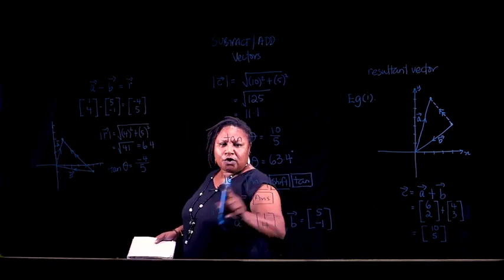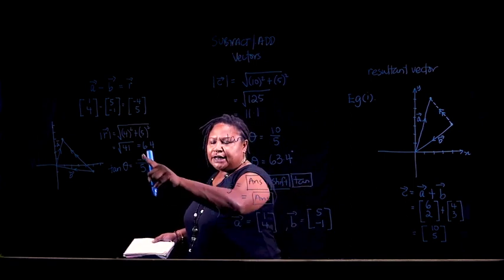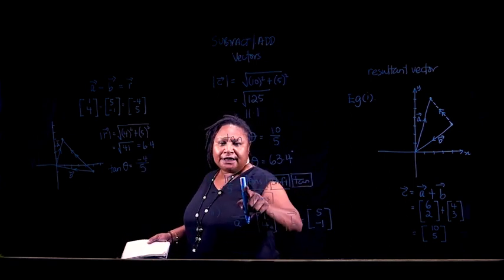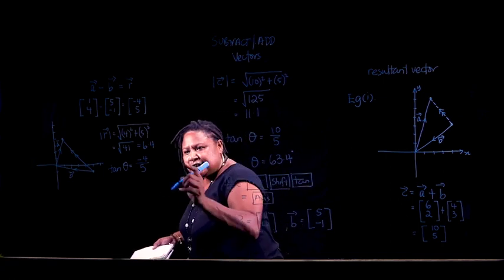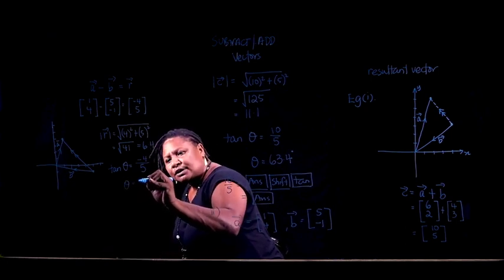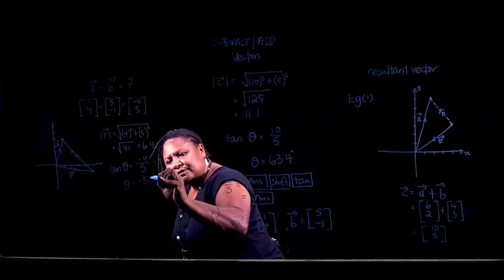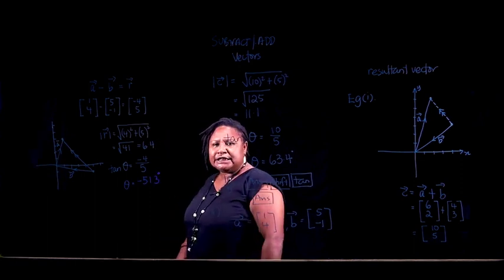Again, you're going to do exactly what we did here. You divide negative 4 by 5, get your answer, shift tangent, and your answer, theta, should be equal to negative 51.3 degrees.